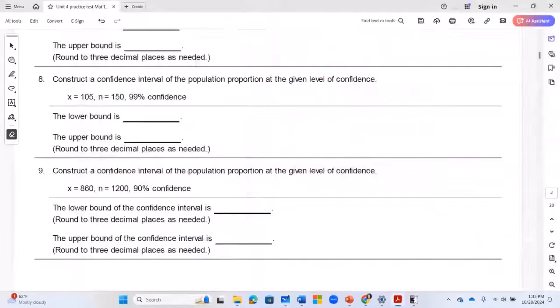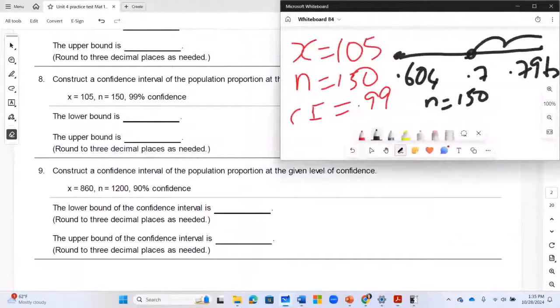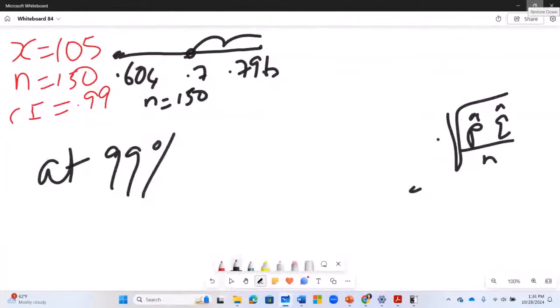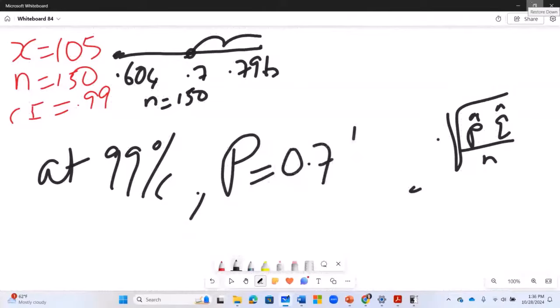And now that I found the margin of error, I can conclude that at the 99% confidence level, the population proportion is equal to the sample proportion plus or minus the margin of error.